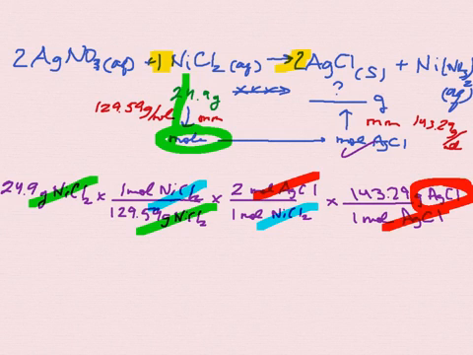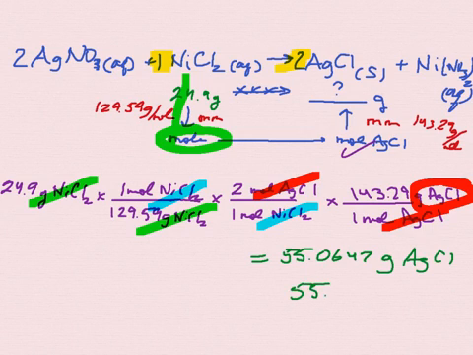So on your calculator, it's a matter of plugging it all in. 24.9 divided by, because it's on the bottom, 129.59, times 2, divided by 1, times 143.29. You're going to get an answer, 55.06, and so on. That's the unrounded answer. And significant digits, 3 places, 55.1 grams of silver chloride.